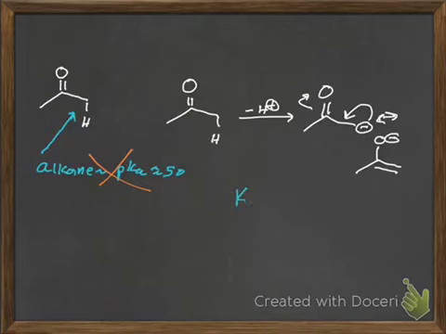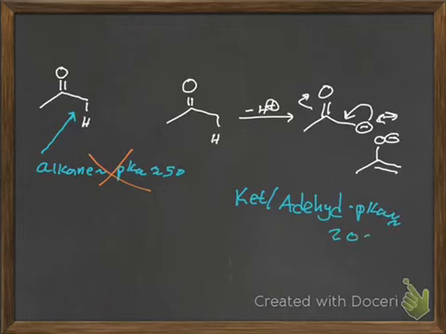In the case of ketones and aldehydes, we're talking a pKa around 20 to 24. Now, folks, that's less than an alkyne proton. So this resonance form is really what's doing all the work for you in terms of making that pKa so darned low.